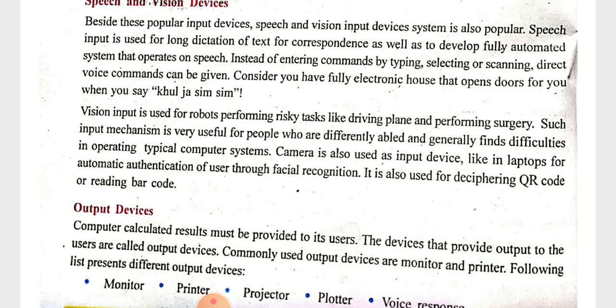You see vision input when you enter any big company: you just stand near the door, then the door opens with the sensor device. A camera is also used as an input device, like in a laptop for automatic authentication of the user through facial recognition. It is also used for deciphering QR codes or reading a barcode.